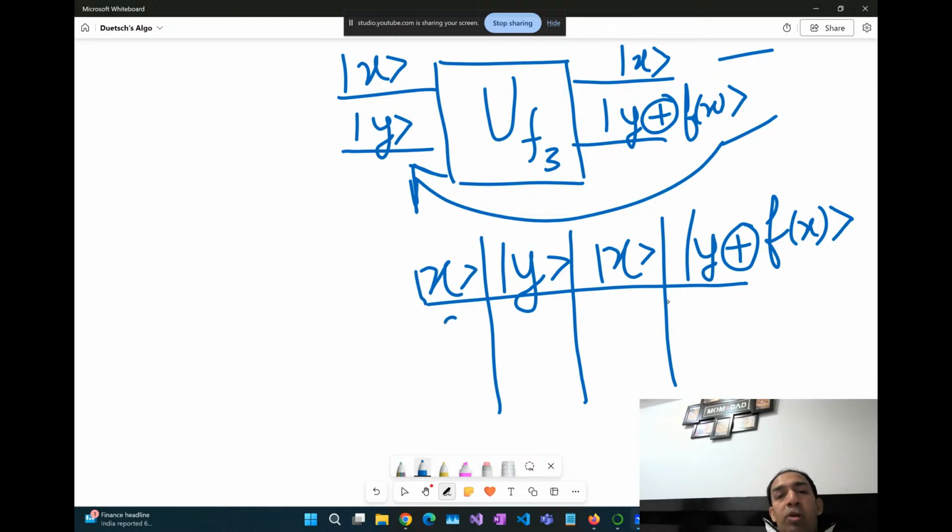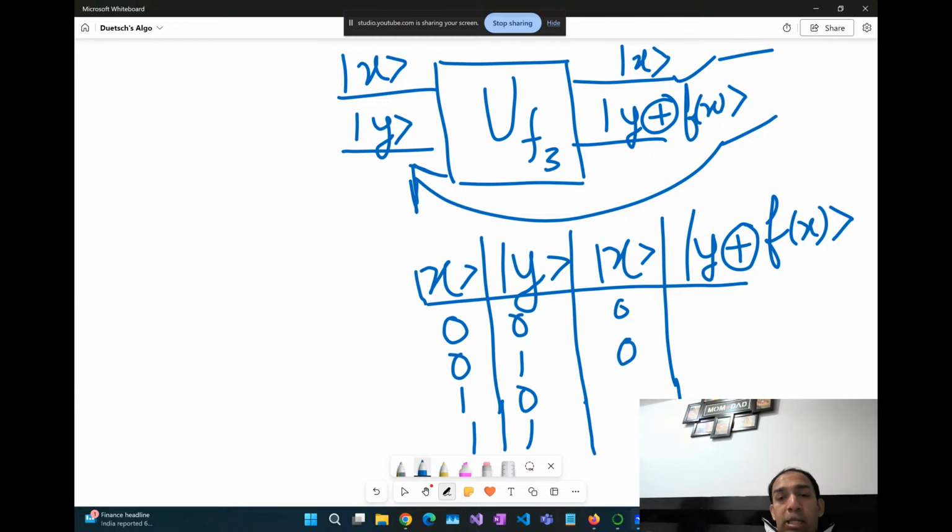Now, of course, you can have possible values of 0 0, 0 1, 1 0, and 1 1 over here, right? In this case, of course, the output of this one will remain the same as the input x. But this is where the things will get interesting. Okay, so what is the value of y plus f(x) for this particular combination?